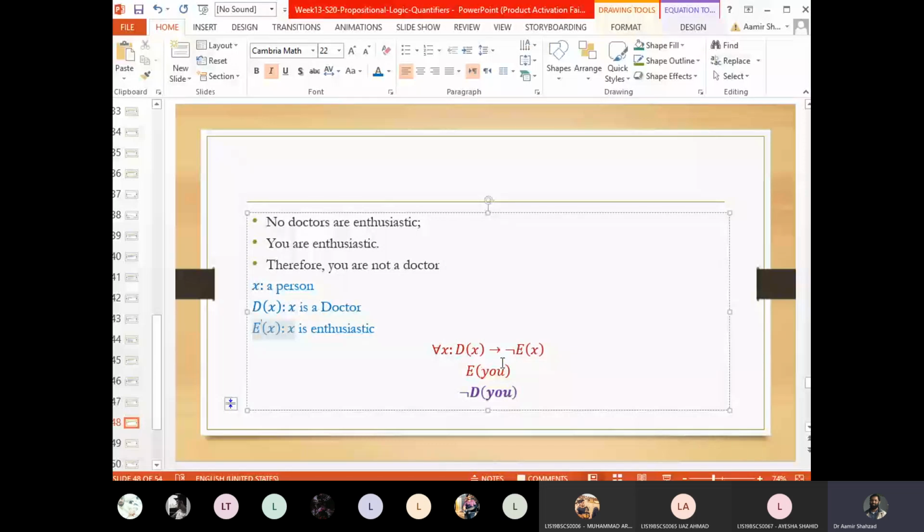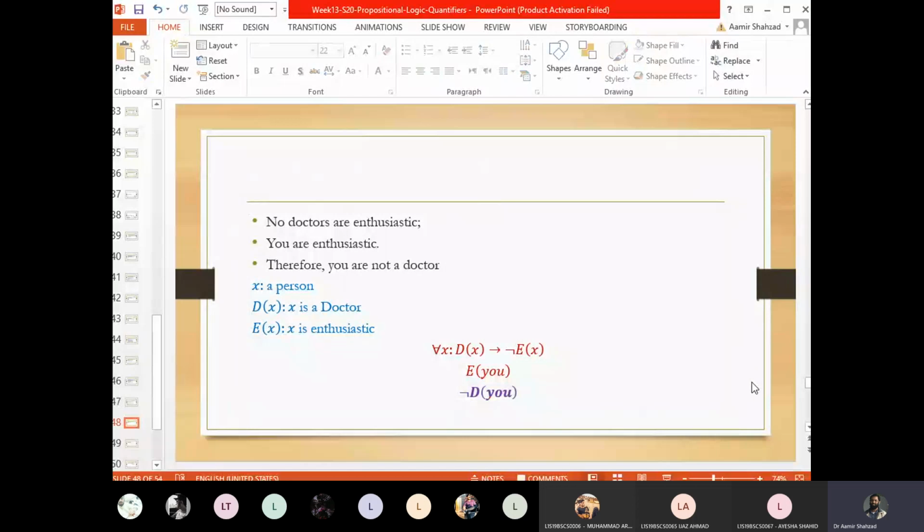D of X implies not E of X. If someone is a doctor, then he is not enthusiastic. But you are enthusiastic, so E of U, let's call you U. So this implies you are not a doctor: negation of D of U. D of U means you are a doctor, and its negation means you are not a doctor.